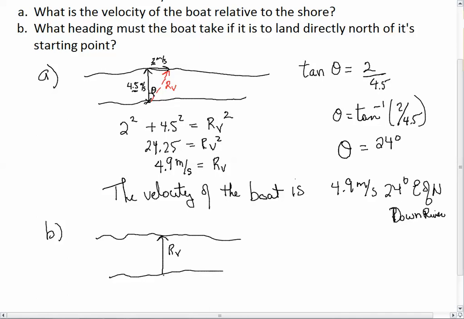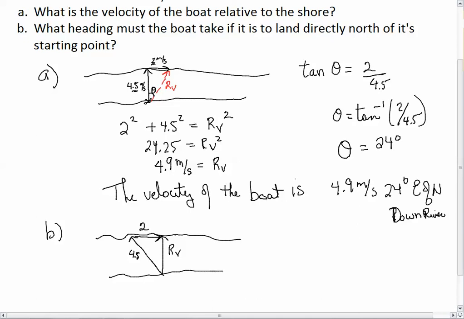The velocity of the boat goes here, and it becomes the hypotenuse. That's how the boat is going to head in that direction, and the boat in still water can only go at that velocity, so we put it at that heading, and we know that it's going to be pushed downstream by our current of 2 meters per second.